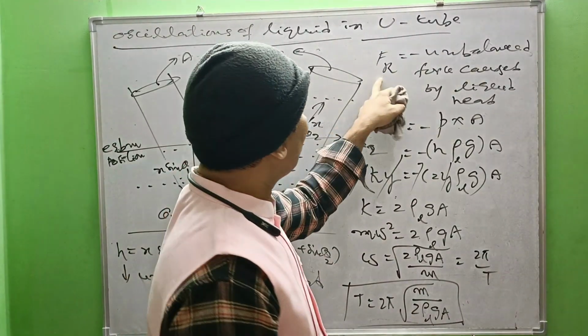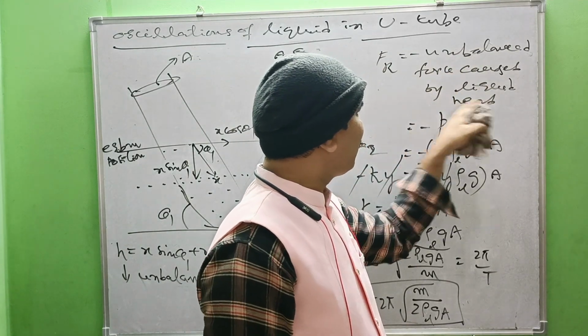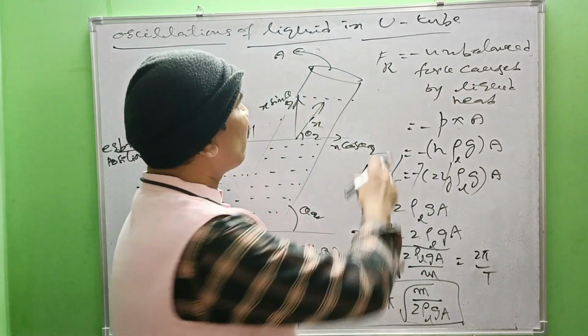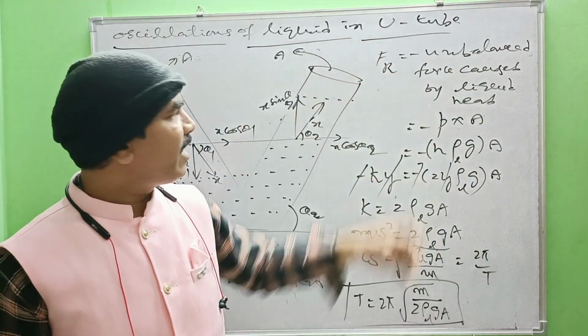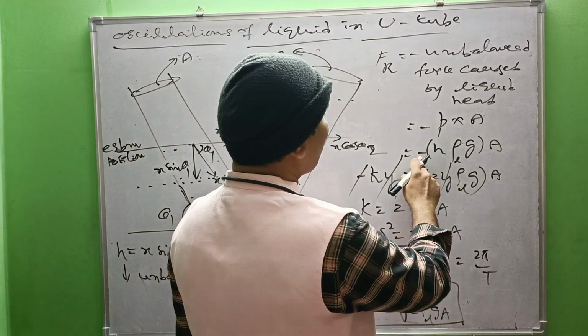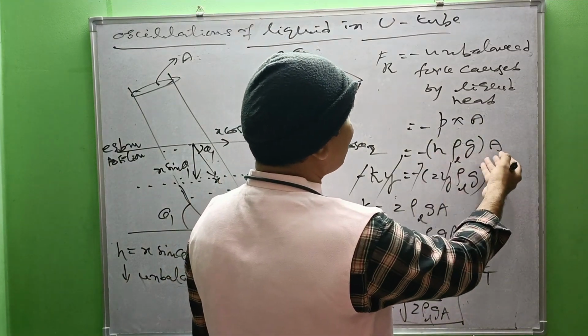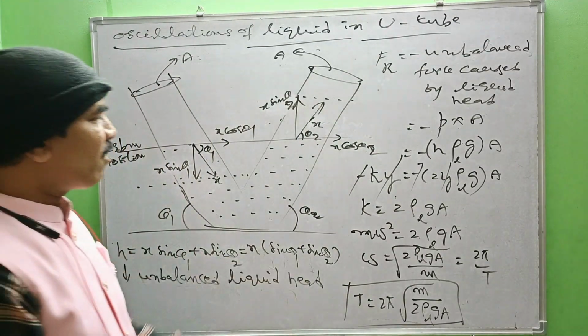So the restoring force is equal to the negative of the unbalanced force caused by the liquid head. That is the usual steps: minus pressure into area, that is minus h rho L g into area. Here h means x of (sin theta 1 plus sin theta 2).